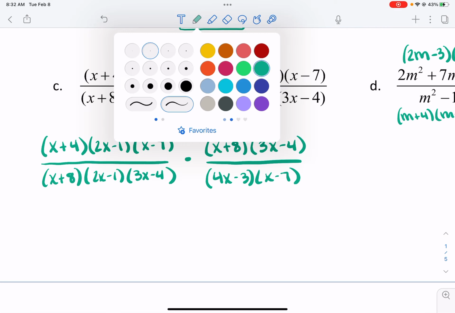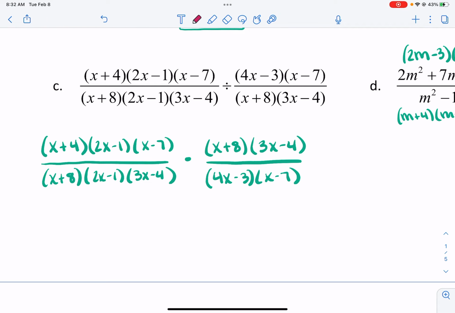Okay, and then I'm going to go ahead and cancel whatever I can. So it looks to me like I can cancel these 2x minus 1s, the x minus 7s, 3x minus 4, and x plus 8. So what that leaves me with is x plus 4 all over 4x minus 3.